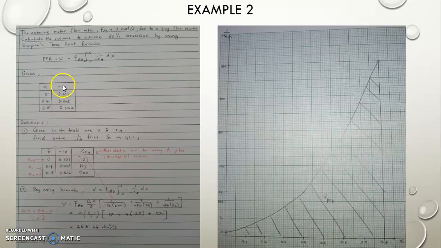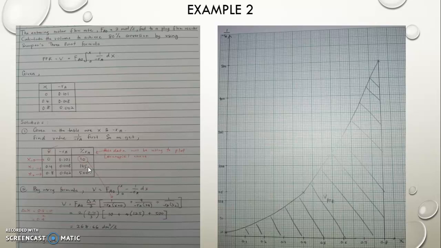Negative RA is not valid to plot the data. You need to find 1 over negative RA. So you have to do 1 divided by the negative RA value here, and then make a new table and masukkan value yang awak dapat tu.